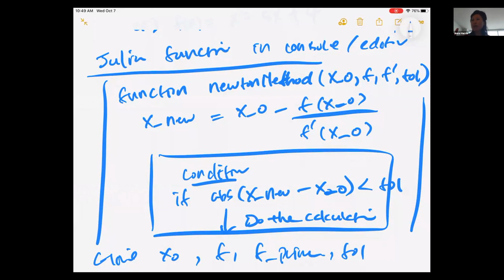Tomorrow I will set the date. But your project is writing Newton's method in Julia so that it automatically spits out the answers. Whatever equation I give you, it will give the answer.